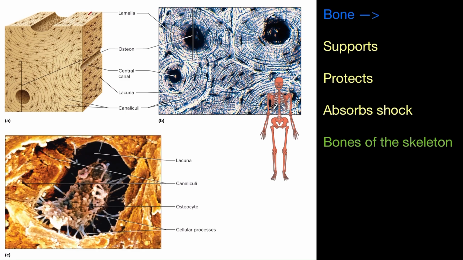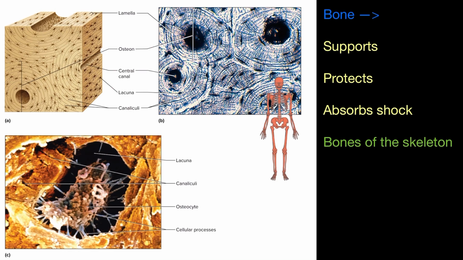So if you look, this would be a lamella, this would be a lamella, this would be a lamella, like that. And multiple lamellae coming together make up an osteon. Now, in the middle of the osteon is this hole, which is called the central canal, where nerves and blood vessels are going to supply the bone.